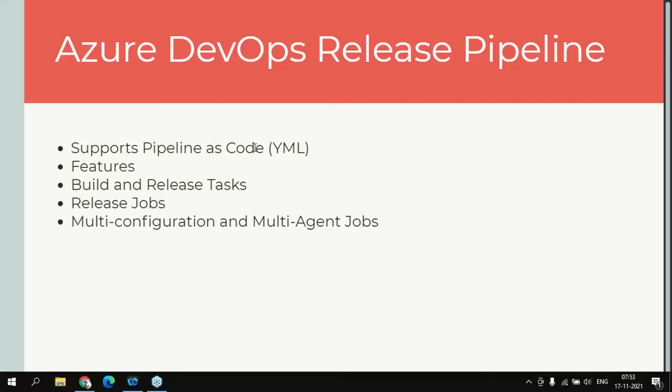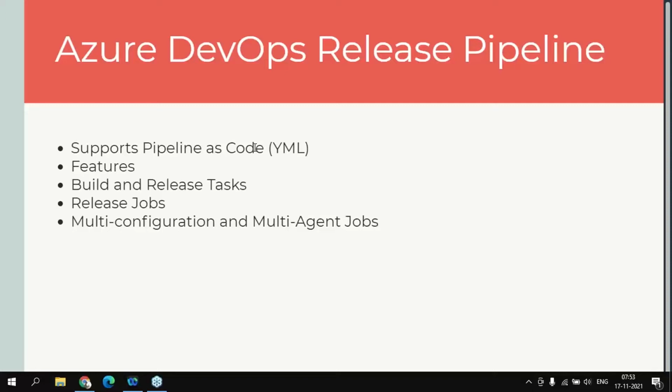Just as the developer is coding and checking in the code, similarly for all the infrastructure changes or all the build and pipelines, everything we have to get into that pipeline, so that we can easily manage the pipeline and version it properly. That is what pipeline as code is.